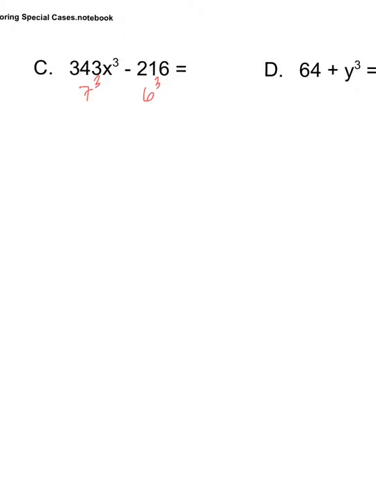All right, so I do have the difference of 2 cubes. So the cube root of this, and then the cube root of this, gives me my binomial. The cube root of 343 is 7, the cube root of x cubed is x, and the cube root of 216 is 6. Then to get this trinomial, I want to square 7 and x, and I get 49x squared.